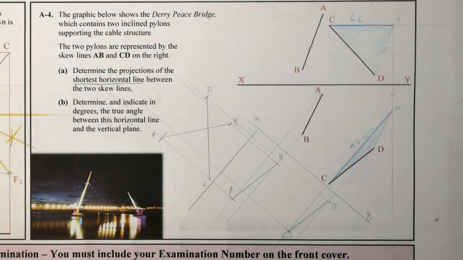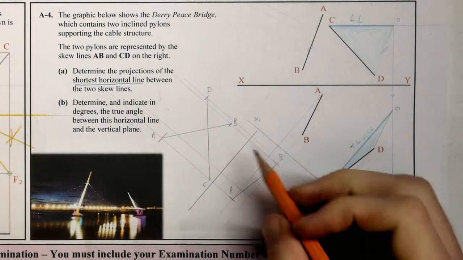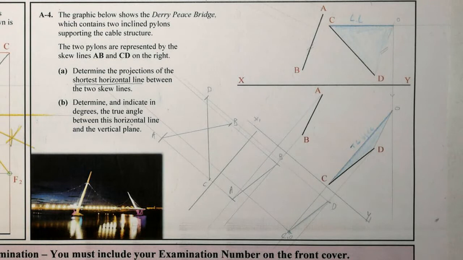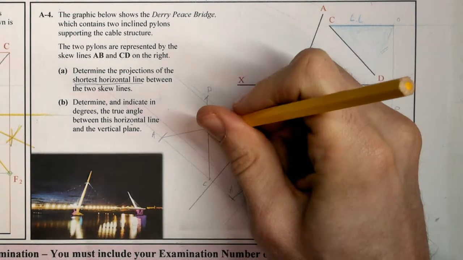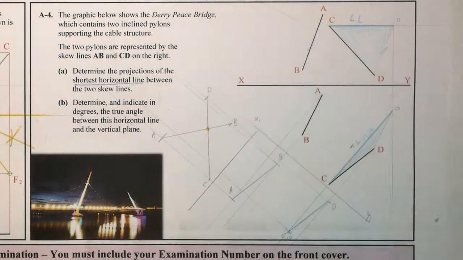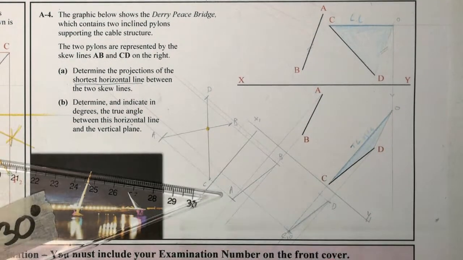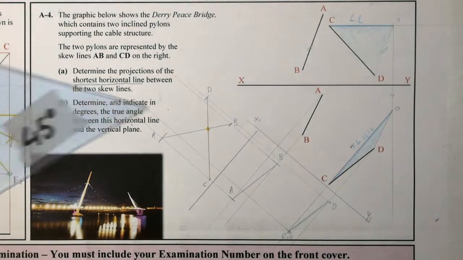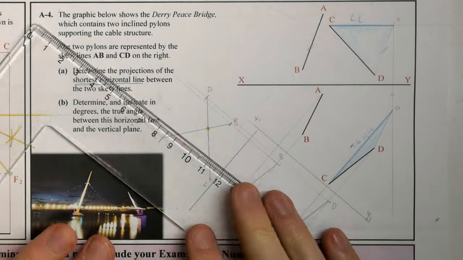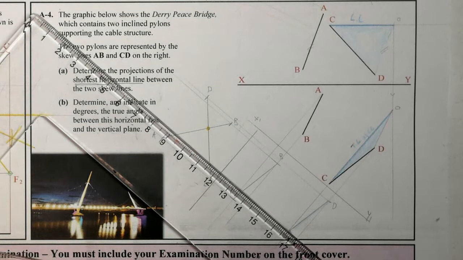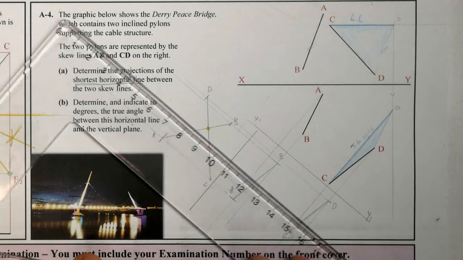Okay, so there are my skew lines again, and what we have here is a point view of the shortest distance. Okay, and they want us to determine the projections of that, so we can't just leave that there. We want to project that back along to all of our views. So project back.